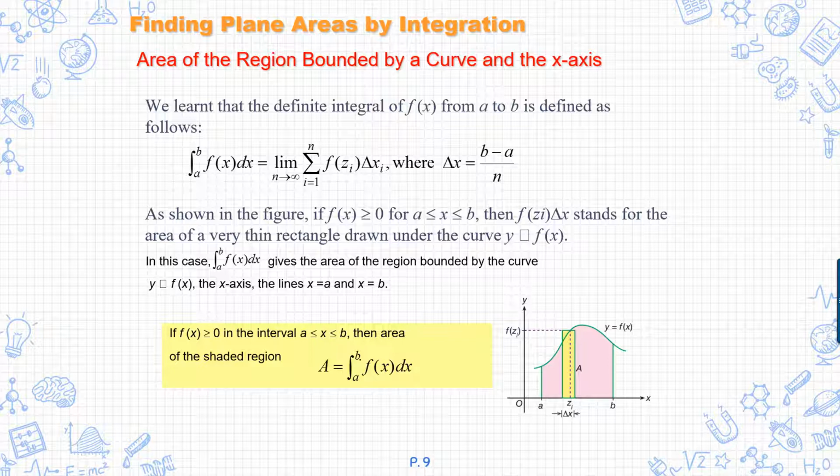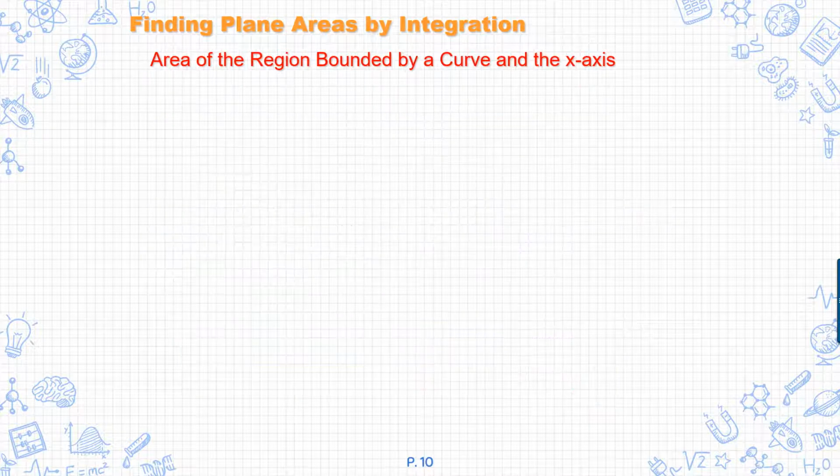So for f(x) greater than 0 in the interval a to b, the area is basically the definite integral, which was the algebraic area. So whenever the function is above the x-axis, we don't need any special result, and this is how we get the areas under the curve.